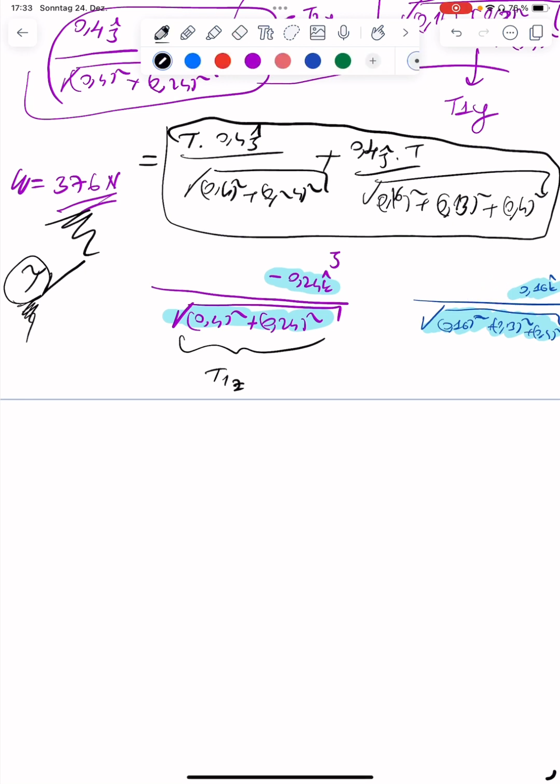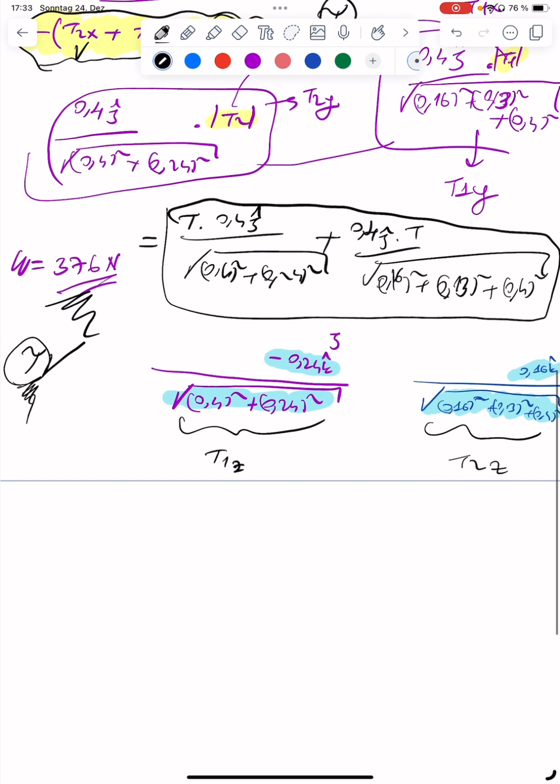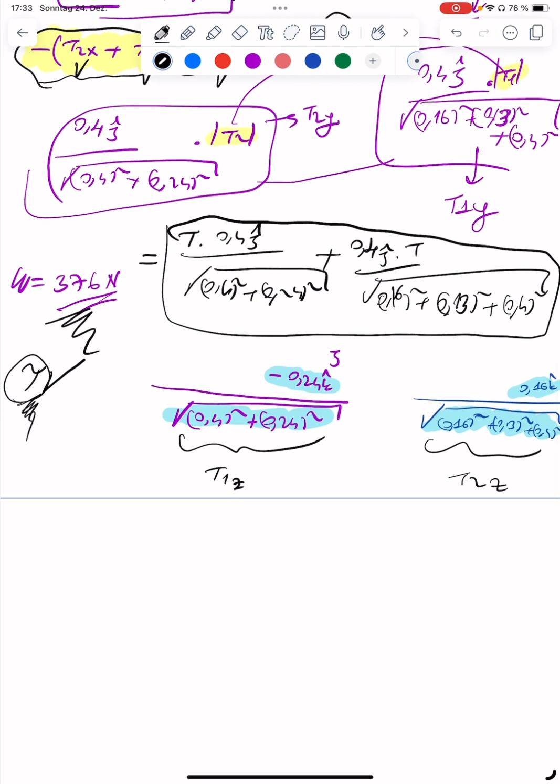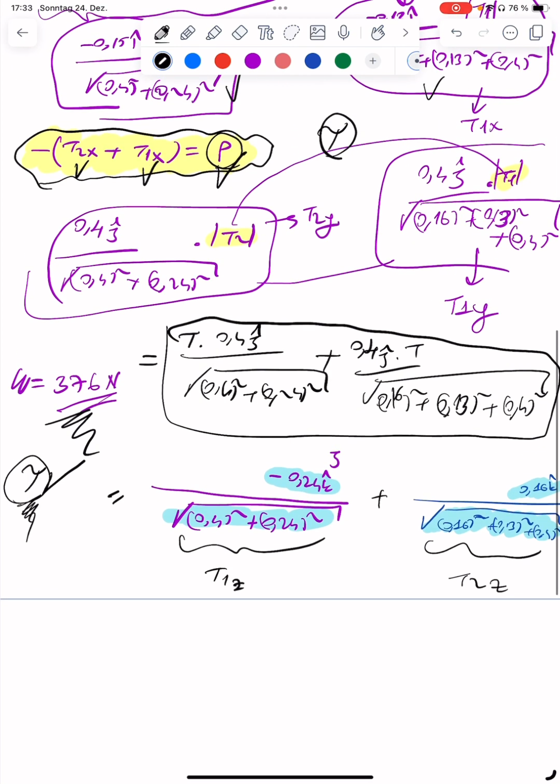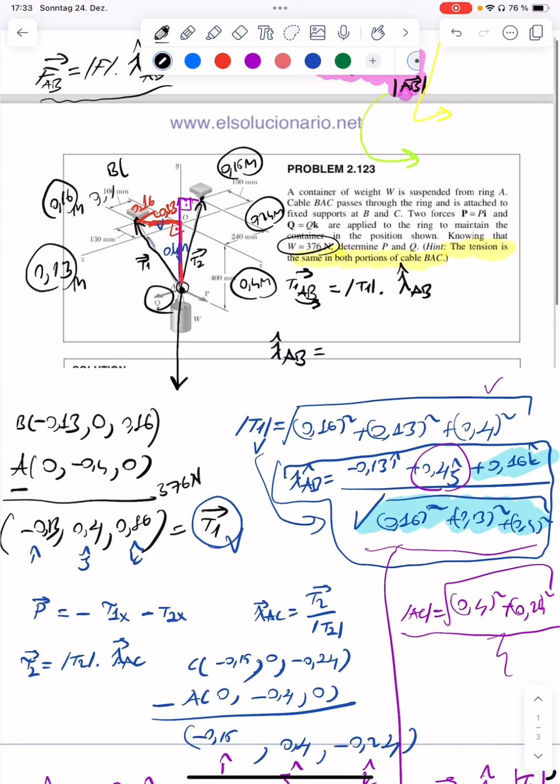It is T2 in the z-axis. When we sum up twice the equations, we can determine Q.